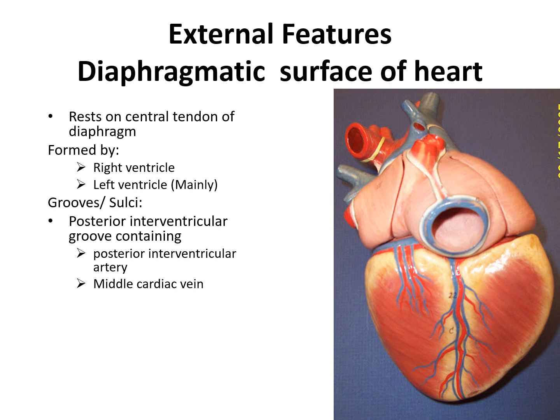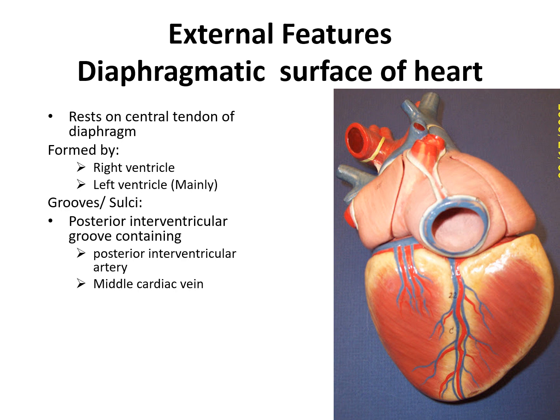The diaphragmatic surface, which is also known as the inferior surface of the heart, rests on the central tendon of the diaphragm, and it is formed by the right ventricle and the left ventricle, mainly contributed by the left ventricle.